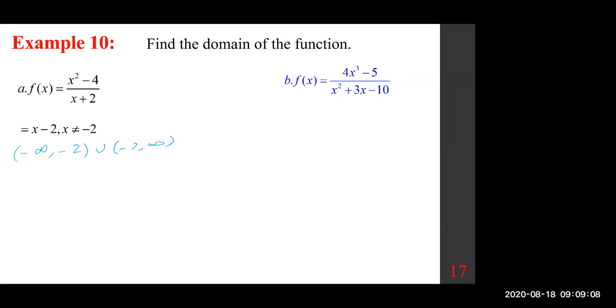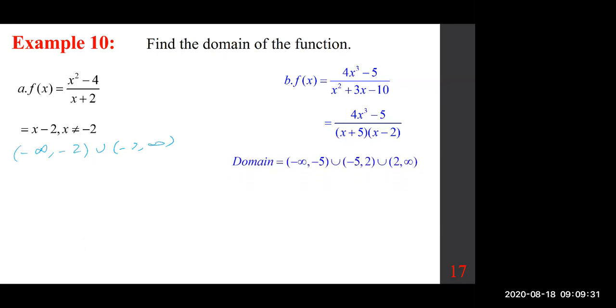So you want 5 and -2 in any order. It makes no difference. So x plus 5 is 0, that means x is -5. X minus 2 is 0, that means x is 2. Those are out. So x cannot be -5. X cannot be +2.